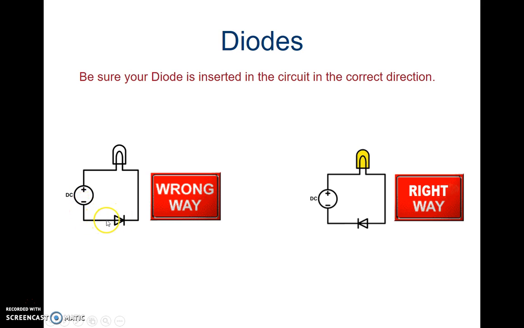Okay, so if you treat this like a maze that you start running your finger along, the arrow is pointed towards the plus. Okay, in this one where the light is lit up, the arrow part of the symbol is pointed towards the minus. Okay, so huge hint, and you might even want to take that in your notes. The arrow of a diode needs to point towards the minus.